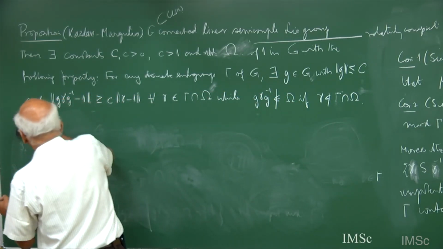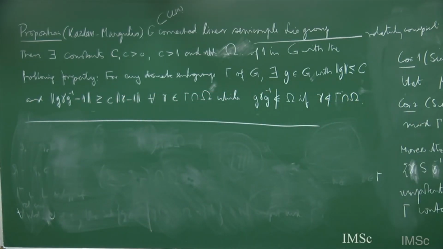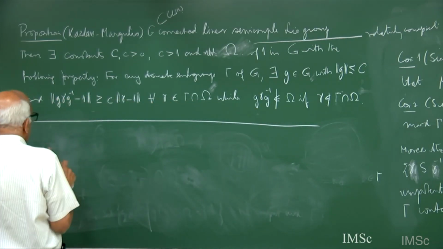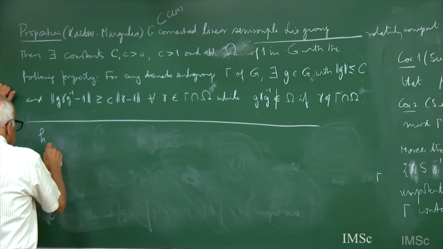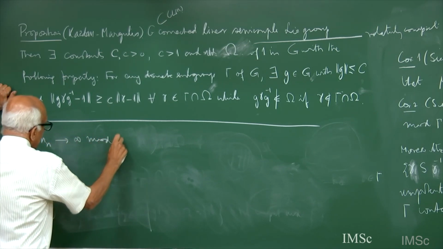So you have, suppose you take a sequence Hn going to infinity mod gamma.